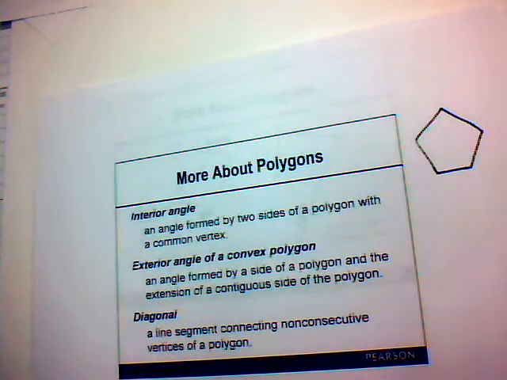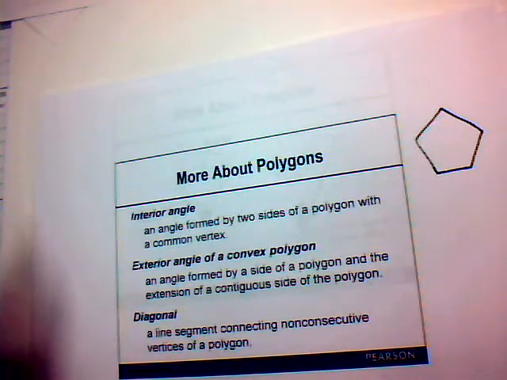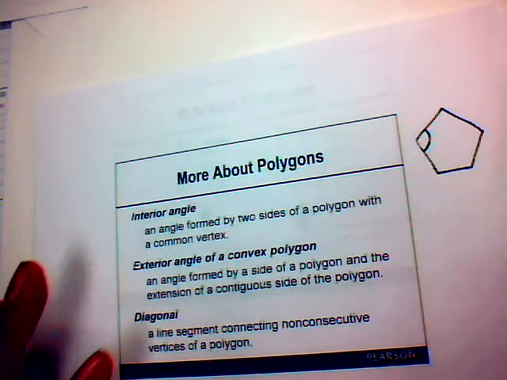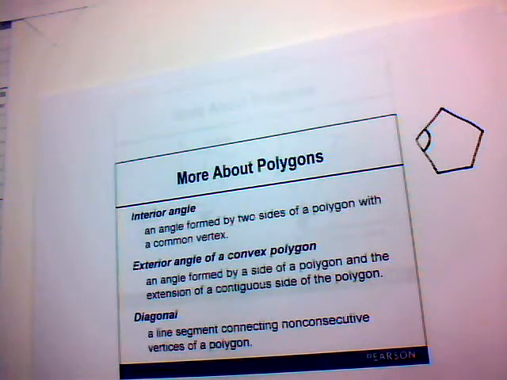Here's a pentagon. The interior angle is always on the inside because it's being formed by 2 sides of that polygon with that common vertex. So here, this will be the interior angle. Then you have an exterior angle of a convex polygon. That's formed by a side of the polygon and the extension of a contiguous side of the polygon.